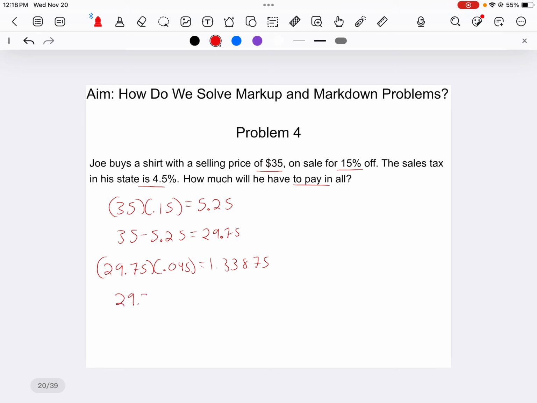And we're going to add that on to our $29.75 to determine what the new price would be.